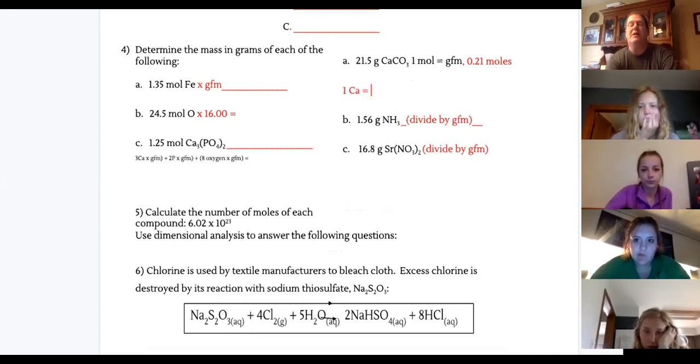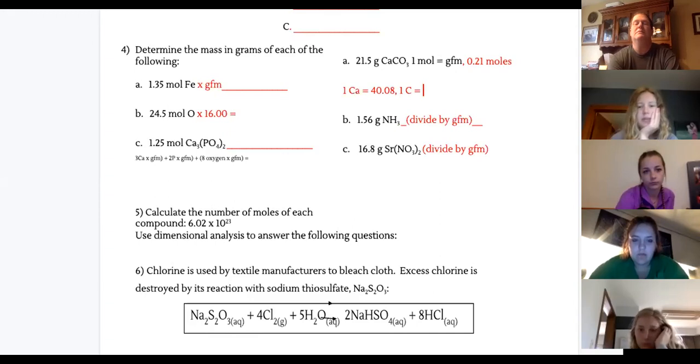What's the gram formula mass of calcium? 40.078. Okay, 1 carbon. 28.01. Carbon's not 28. Oh, I actually I did CO. Oops.